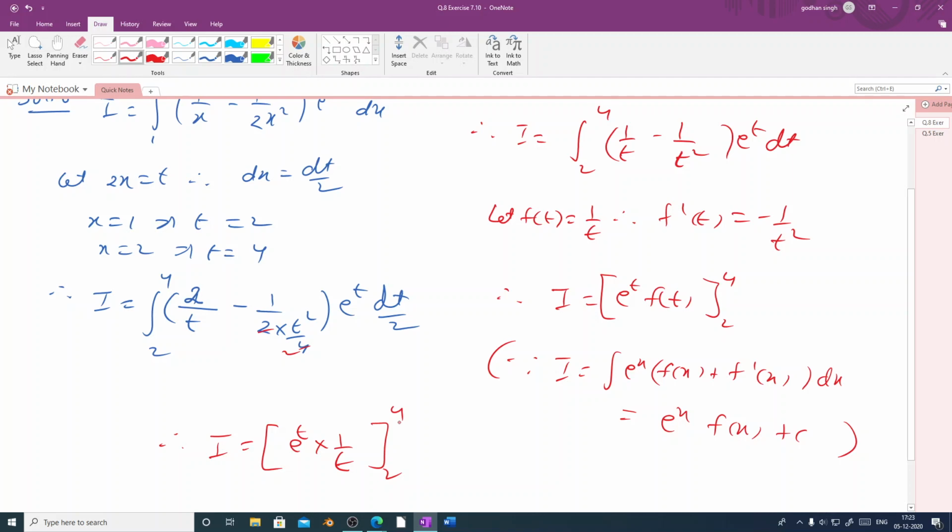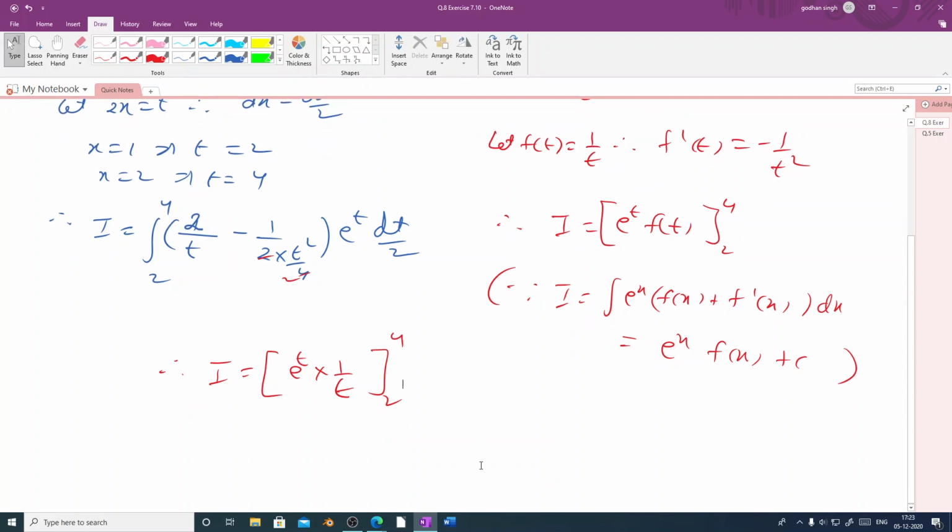So that is what we'll put, therefore I equal to e raised to 4 by 4 minus e raised to 2 by 2, equal to, we can take out e square by 2 common from both, and what will remain here is e square by 2, and from here we will be getting minus 1. So this is our final answer of question number 8th one.